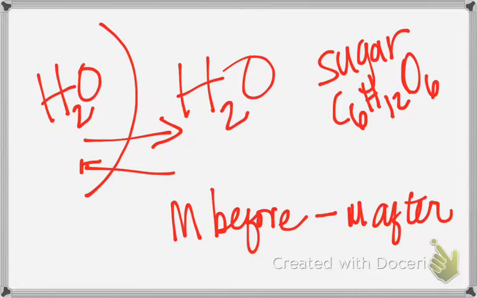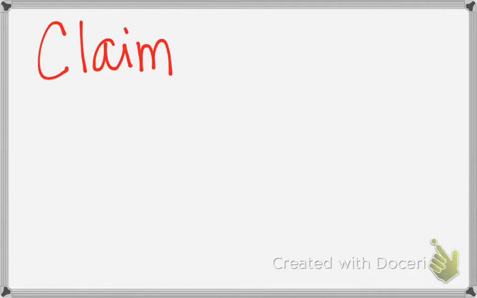On the back side of that paper, you have 6 questions, and you're going to do a very detailed explanation as you answer each of these questions. I want you to keep in mind that every time you answer a question, you are making a claim. Your claim is your answer.